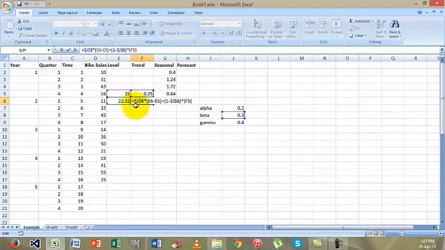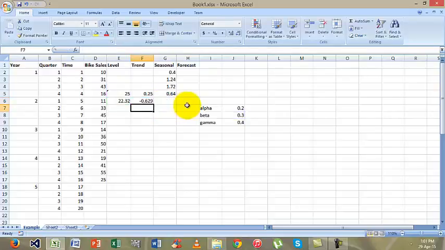Our trend will be beta multiplied by level in time 5 minus level in time 4, plus 1 minus beta multiplied by previous trend.